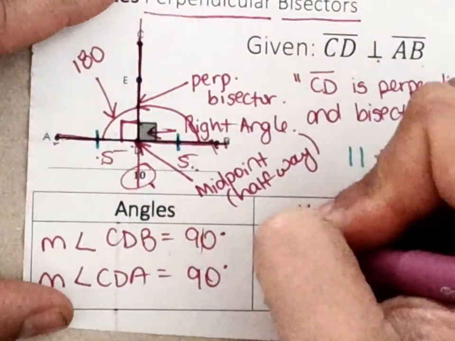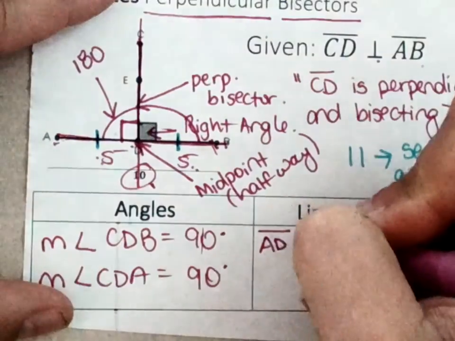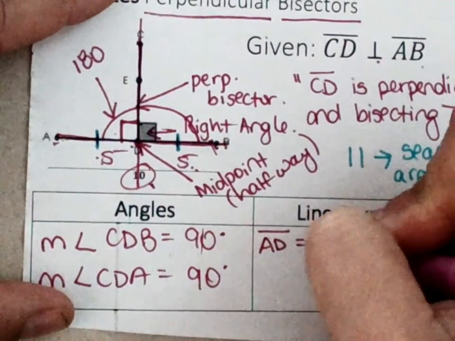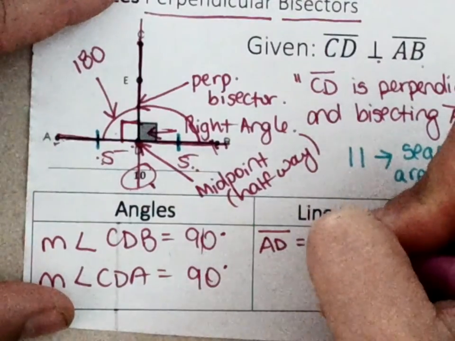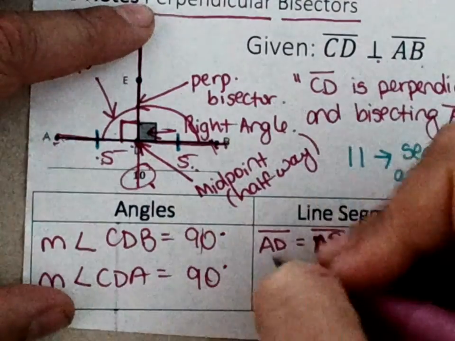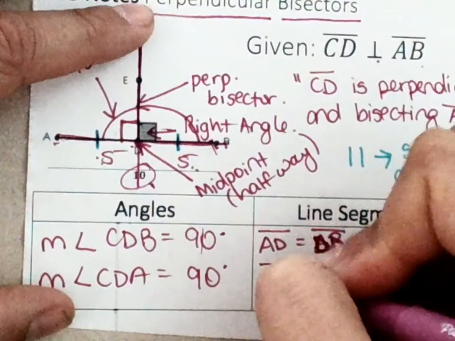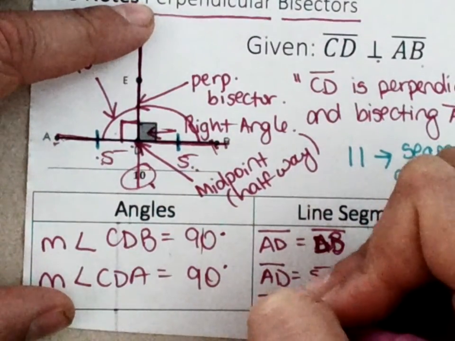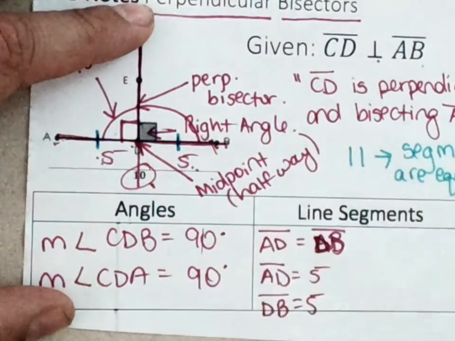So line segment AD is equal to line segment DB, and we can say that line segment AD is equal to 5 and line segment DB is also equal to 5.